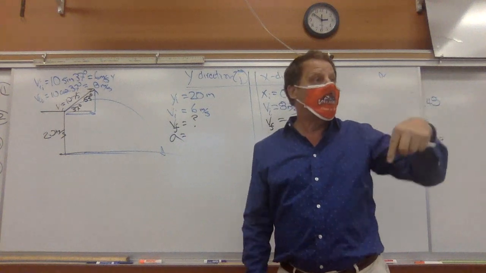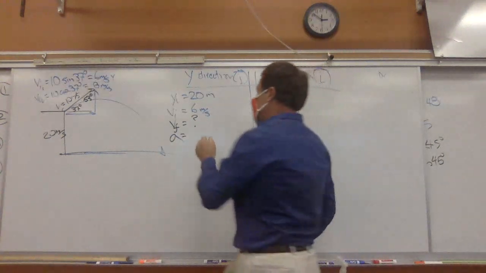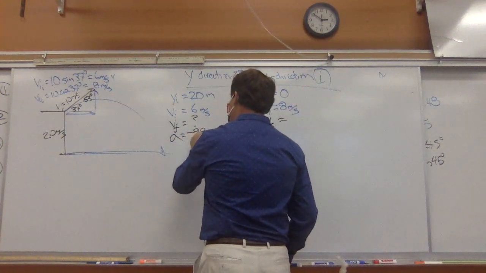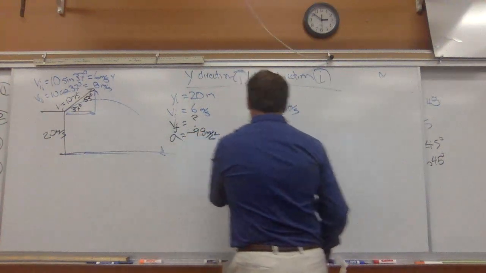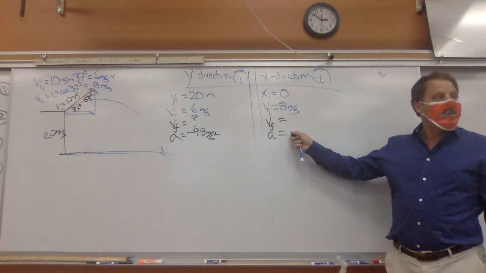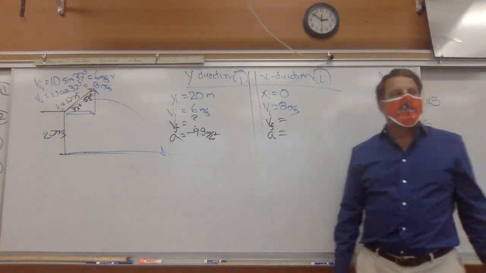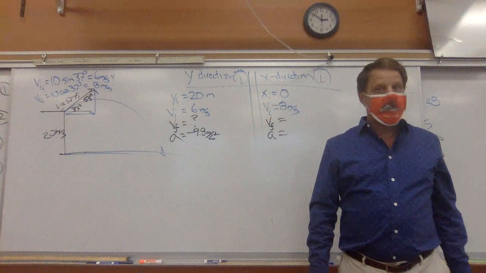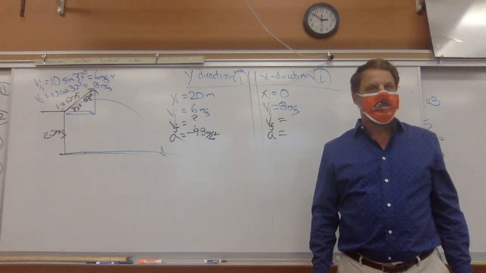9.8, and it's 9.8 down because that's gravity. Okay, so now we're going to say negative 9.8 meters per second squared. What is our acceleration in the x direction?